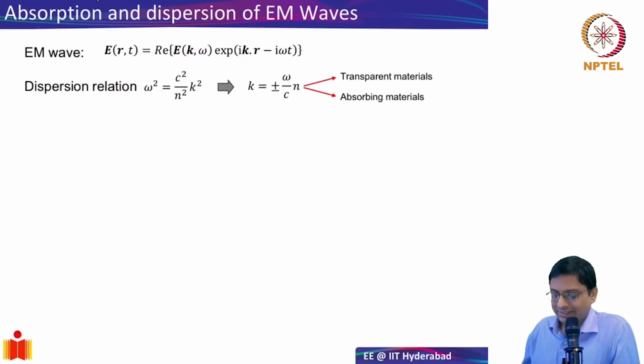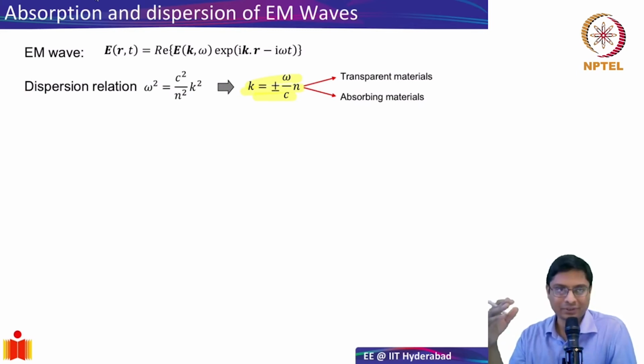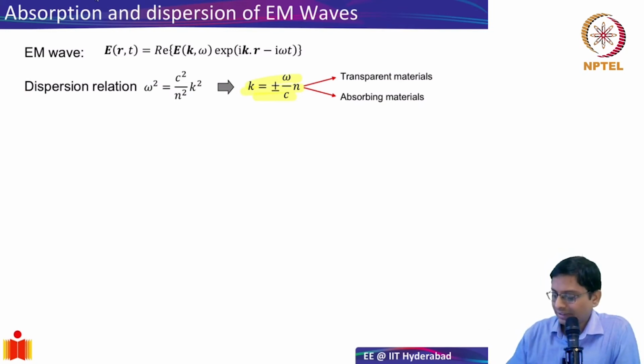Let's examine the electromagnetic wave. We already saw that the dispersion is given by this relation. The ks are related to the refractive index. In the previous lectures, we have seen that the refractive index is a number: at a particular wavelength, say 500 nanometers, I have a particular refractive index, and at another wavelength it will change. So it seems like the refractive index is real.